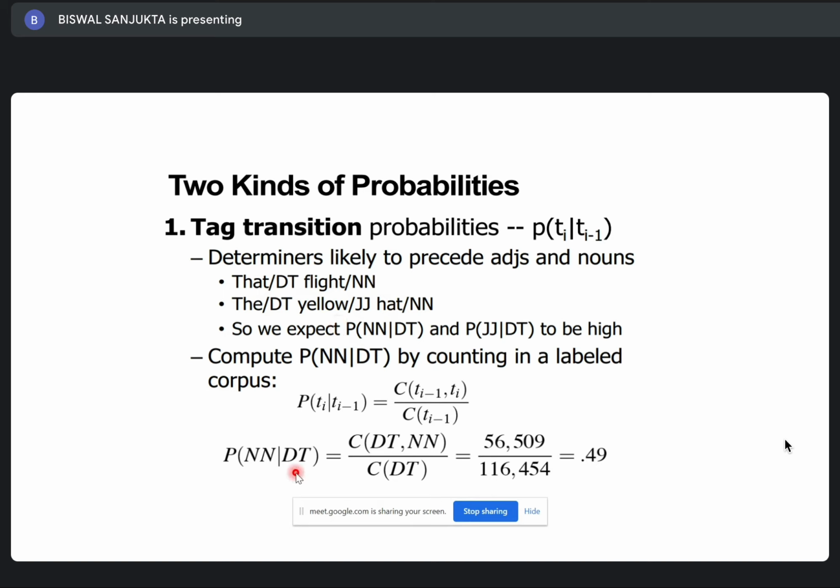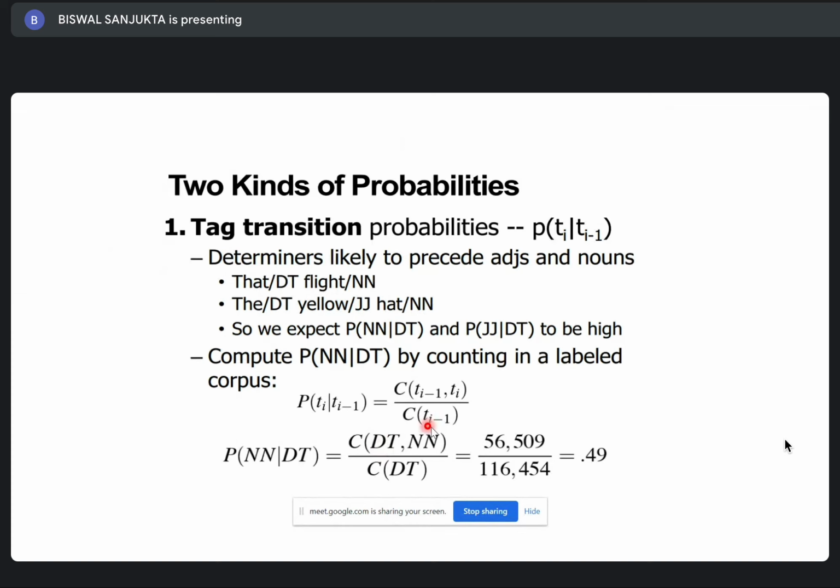They have given an example: the probability of noun given the determiner is equal to the count wherever these two are coming. See, the sequence matters here. While you are counting, you should always see that first is determiner, second is NN.